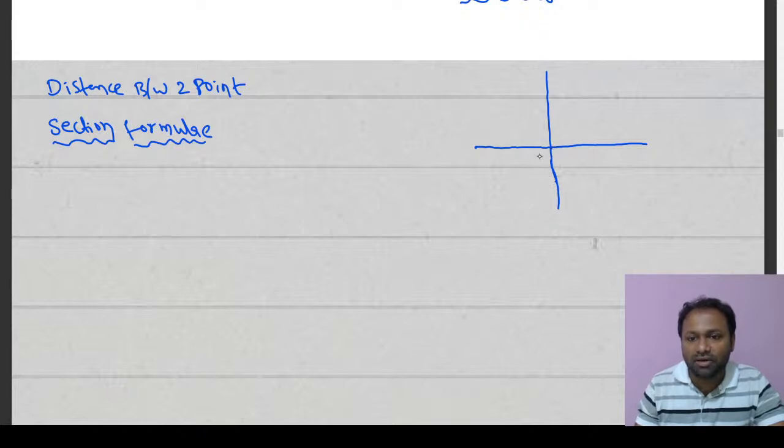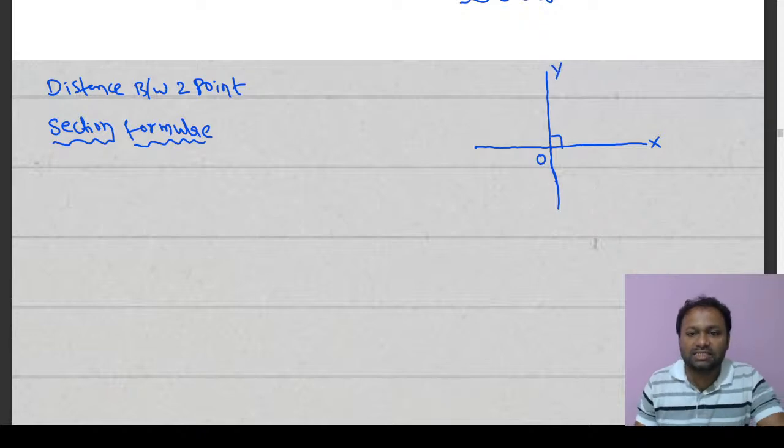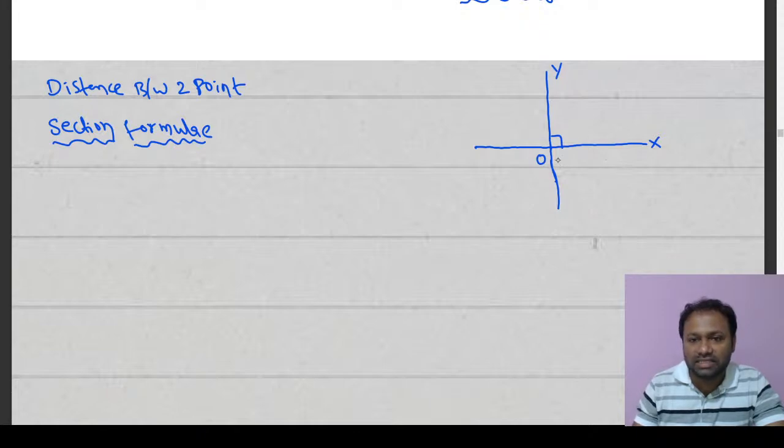This point is called origin. These two mutually perpendicular lines are called x-axis and y-axis respectively. So x-axis as well as y-axis, and the point of intersection is called origin.